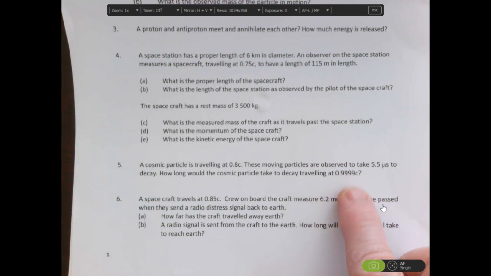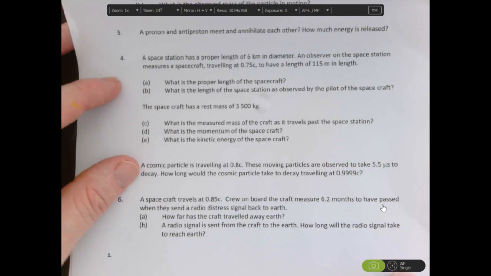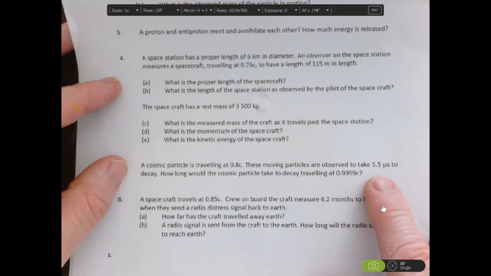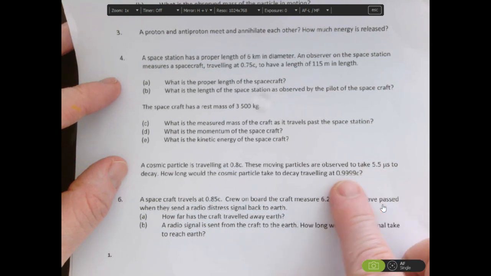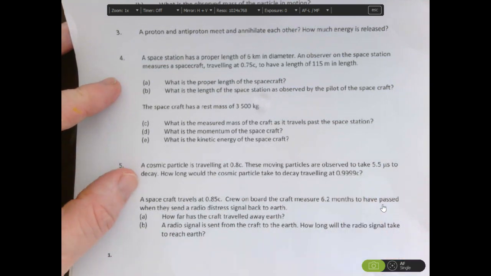Okay, that's 4 nines there. So this is a two-part question. What we need to do is find the normal decay time, because this is a dilated time here, and then apply a second gamma factor to find the decay time at this speed here. So let's do that.